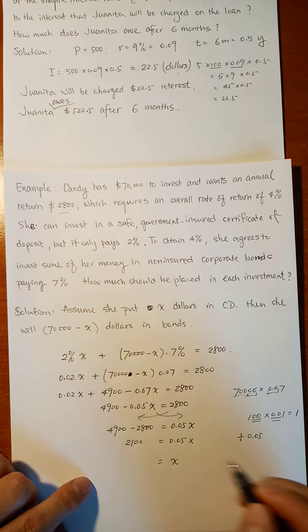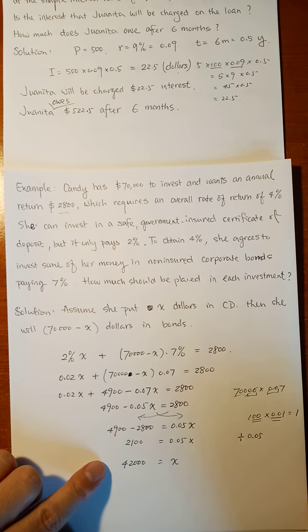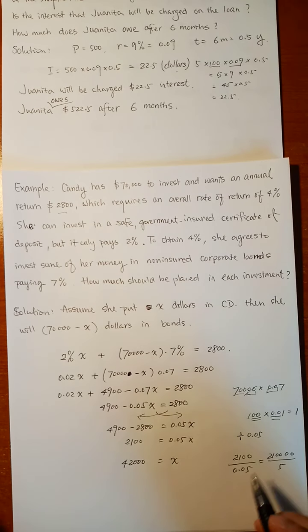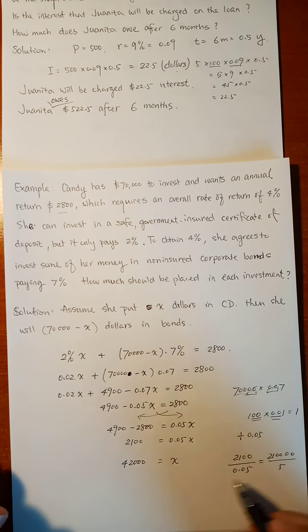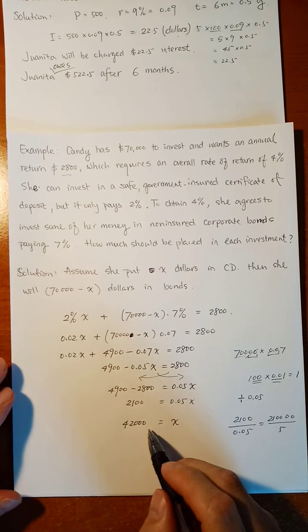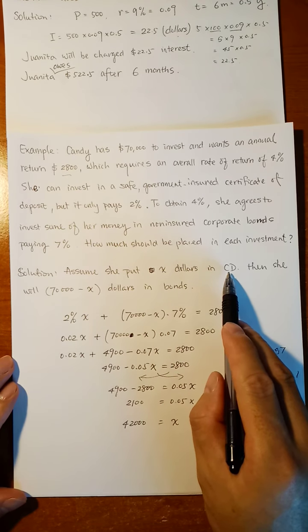So you multiply by 100, get 5, and divide by 5. You move two units, make up two zeros above, and divide by 5, you get $42,000. So x is $42,000. X is the amount of money put in the CD.